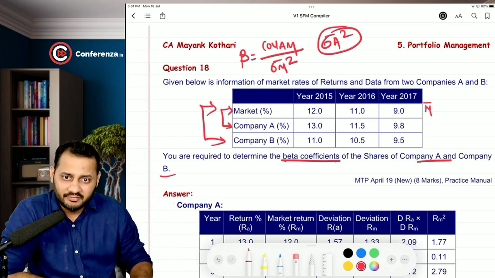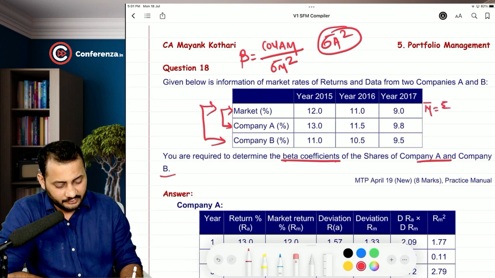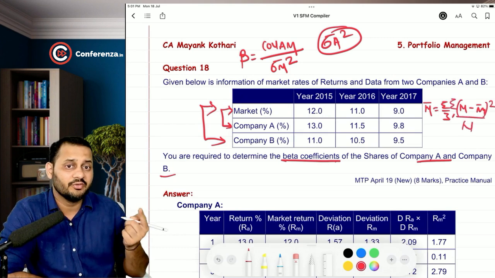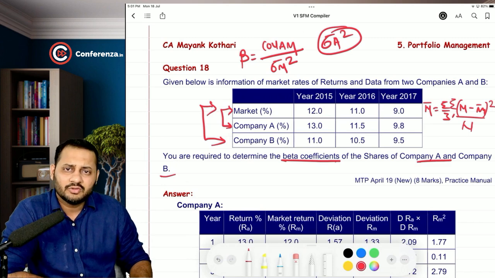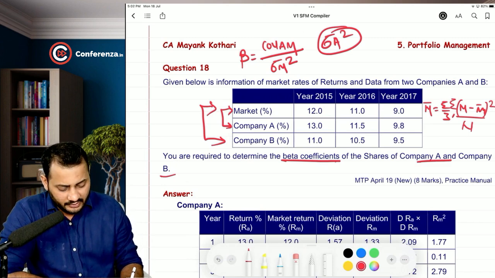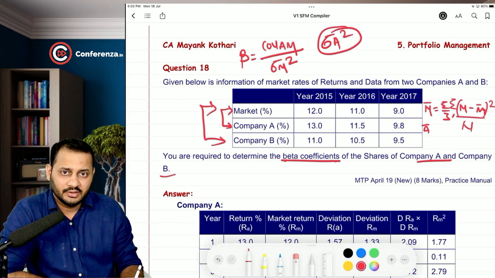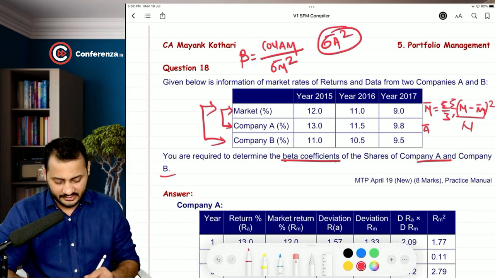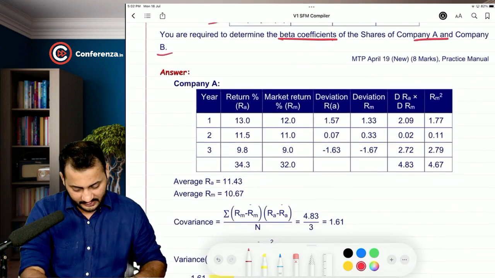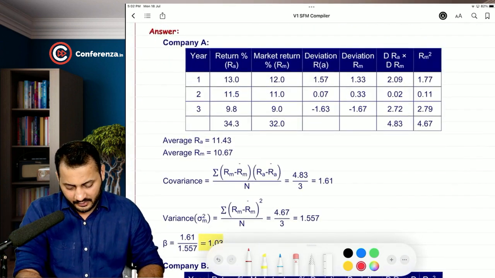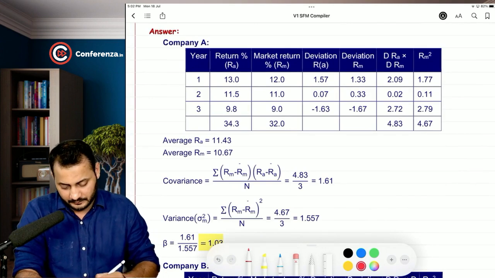Then you calculate M minus bar M, then you do the square, then the summation, and then divide by N. This will give you the variance. Covariance is also easy. You calculate the bar A, then calculate the deviations, and then you multiply. See, I will just start with company A, and company B will be your homework.